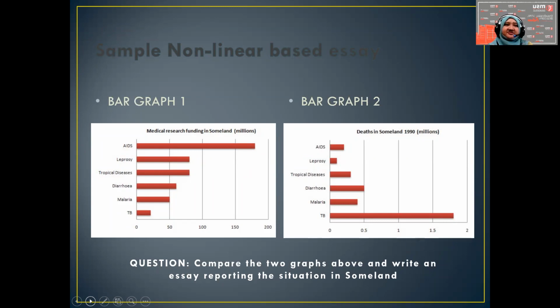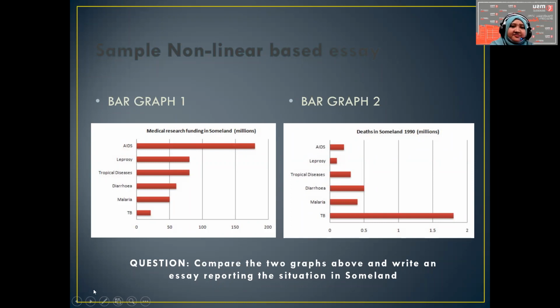The number of deaths for AIDS is also lesser. But compared to TB, the amount of millions spent on research funding for TB is so little. And when we compare it to the number of deaths, the deaths for TB are also the highest.